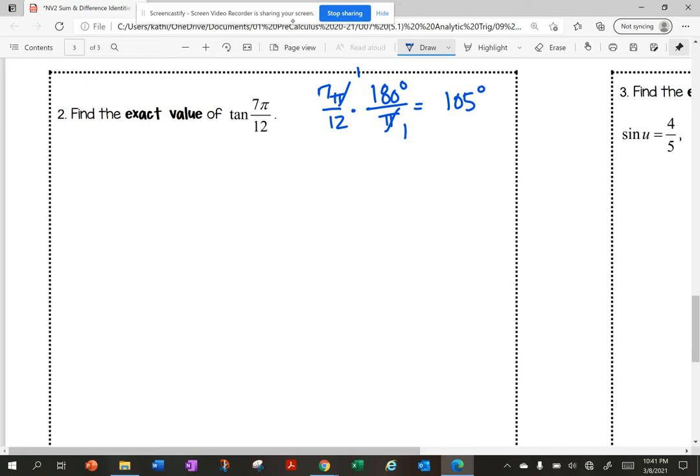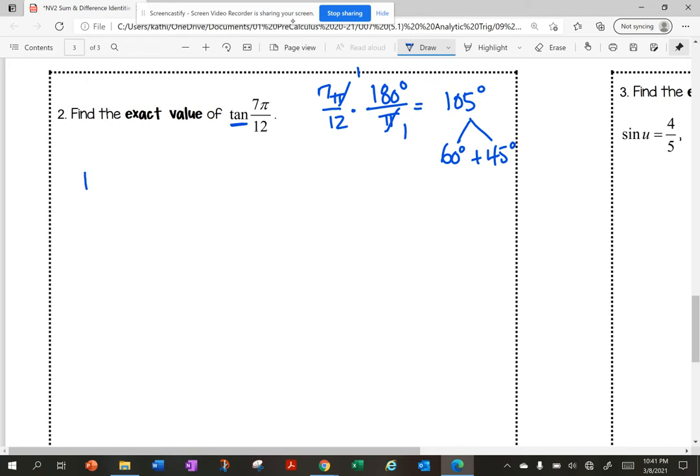So now I want to find two angles on the unit circle that add or subtract to 105. So there's more than one correct answer. So the one I'm going to use is 60 degrees and 45 degrees. So I'm talking about tangent here.